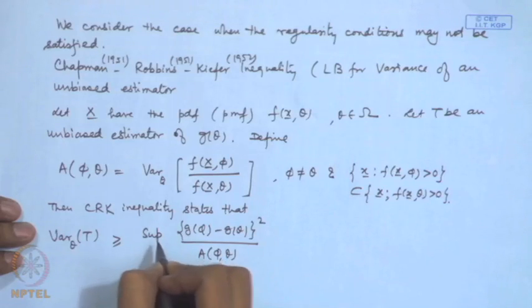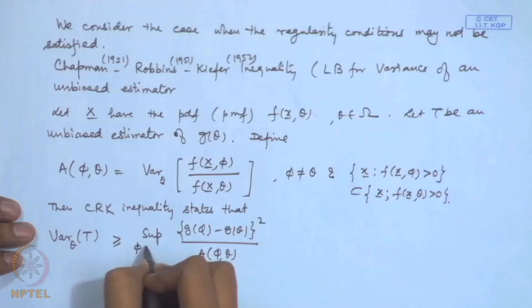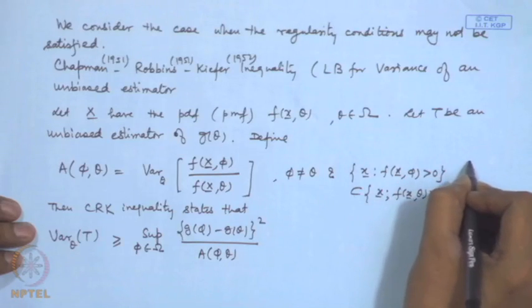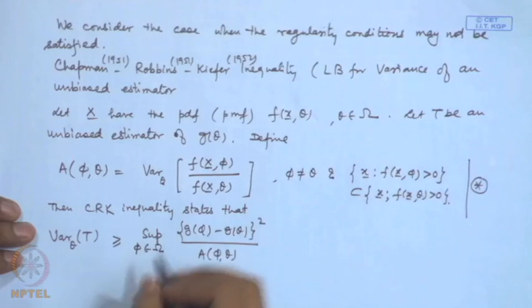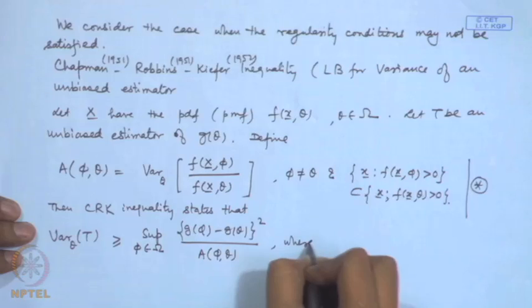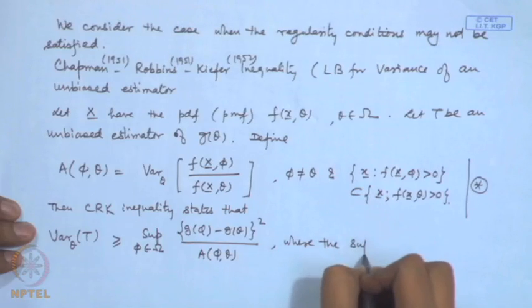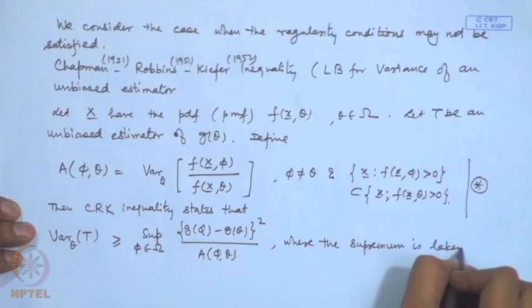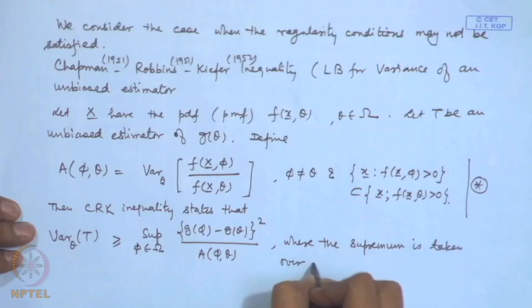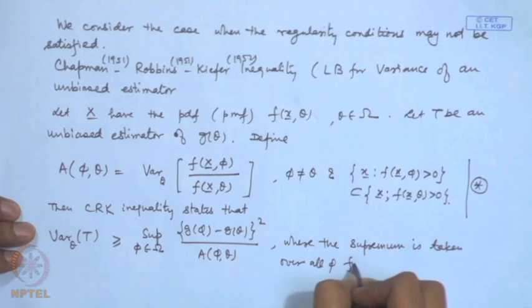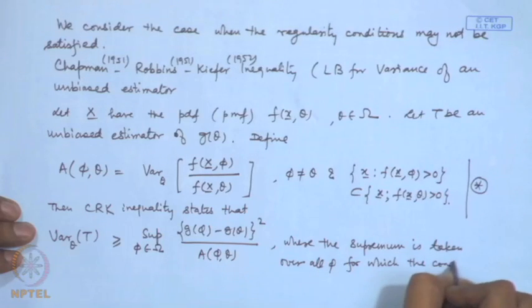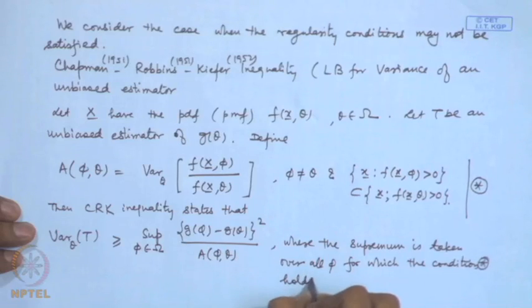Now, the supremum is considered over all phi belonging to omega. Let me call this condition as star, where the supremum is taken over all phi for which the condition star holds.